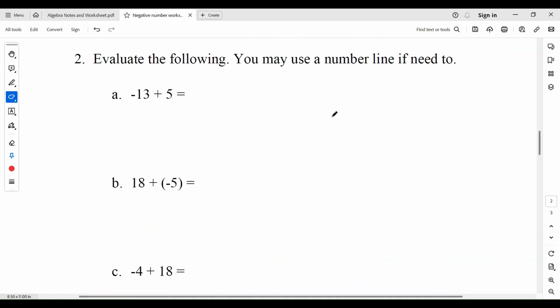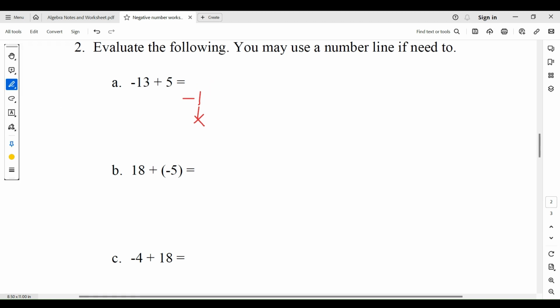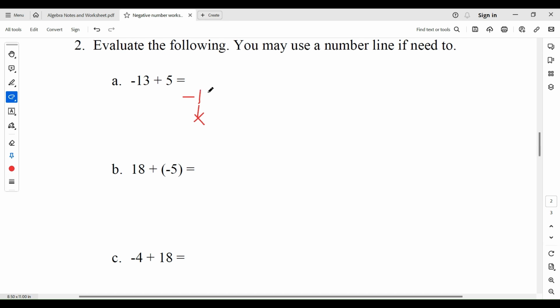Question 2. We come to question 2. You may use a number line if needed. If you still cannot, you can use a number line. But otherwise, I'm not going to use a number line. Minus 13 plus 5. So I'm going to imagine, I'm at this point called minus 13.